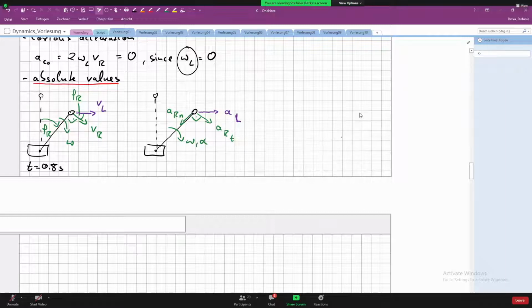Okay, for the velocities, we only have 2 components. So our velocity in the square root, and I will start with the horizontal components, and then with the vertical components. For the horizontal components, we do have the full leading velocity vector. And we do have the horizontal component of the relative velocity vector, pointing to the right as well.